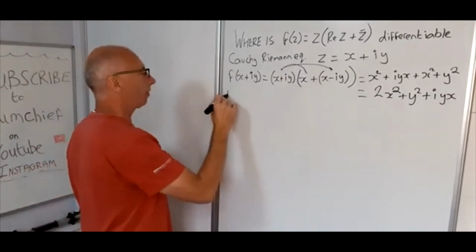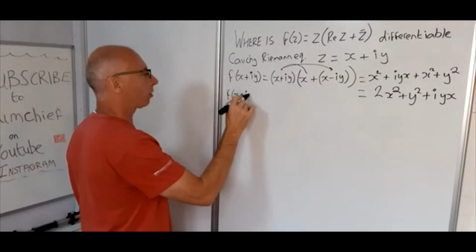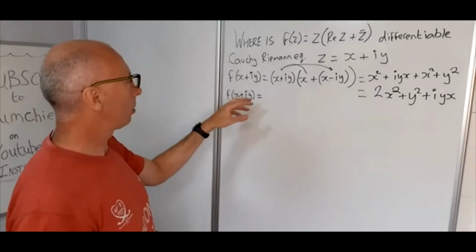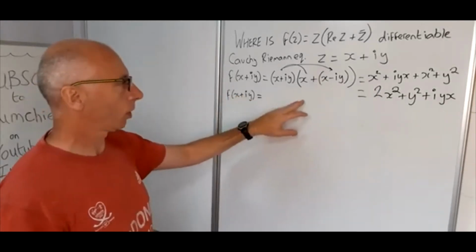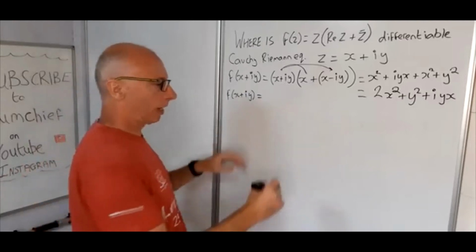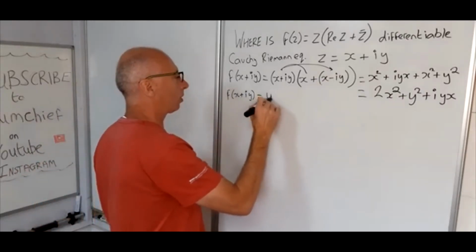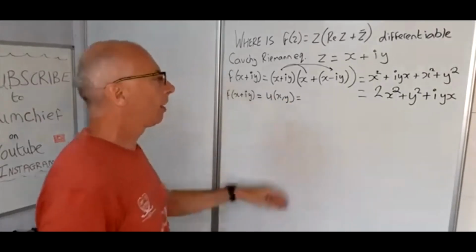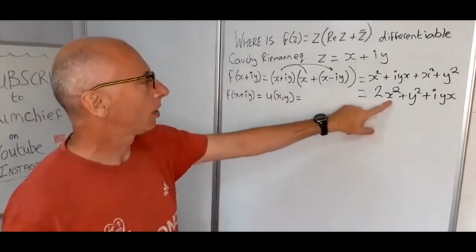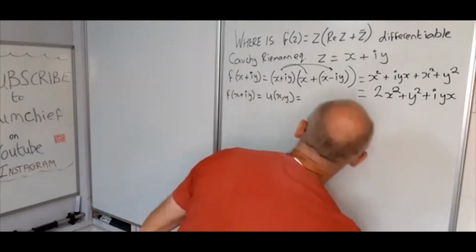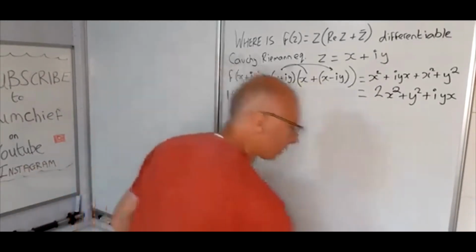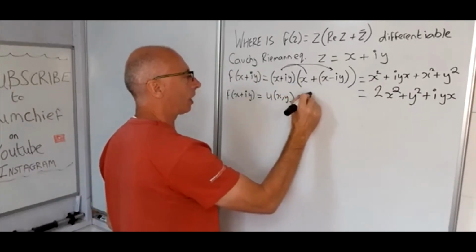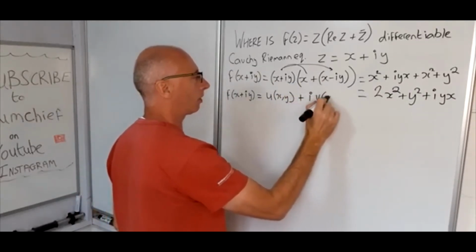So f of x plus iy. What we do now is break this up into two sets of equations. So the first one is, we say u of x comma y. This is our real part. So actually let's just break this up a little bit. F of x comma y, let's just note this down first. That will then just become u plus iv of x comma y.